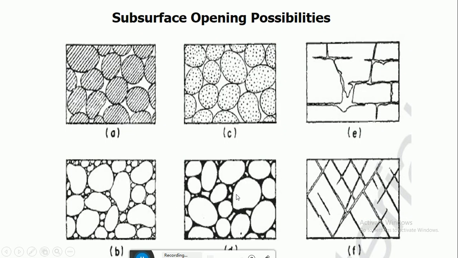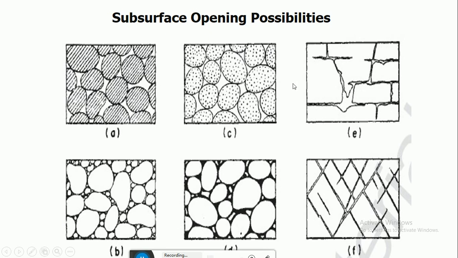Now, subsurface openings. There are six types of subsurface openings. First, A is a well sorted sedimentary deposit having high porosity. B, poorly sorted sedimentary deposit having low porosity.